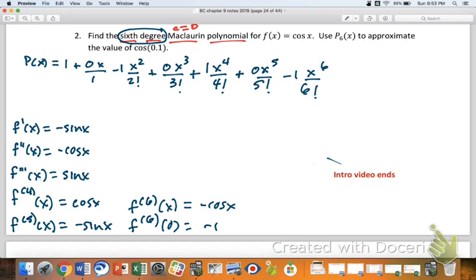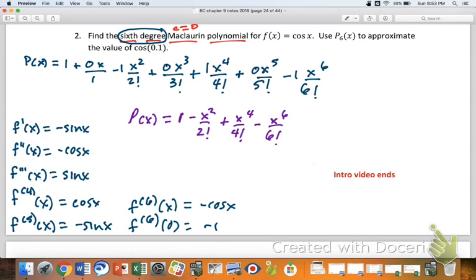So I'd clean this up and get hopefully a good final representation here. So we're going to say p of x is equal to 1 minus x squared over 2 factorial plus x to the fourth over 4 factorial minus x to the sixth over 6 factorial. That would be my sixth degree Taylor polynomial for cosine of x.